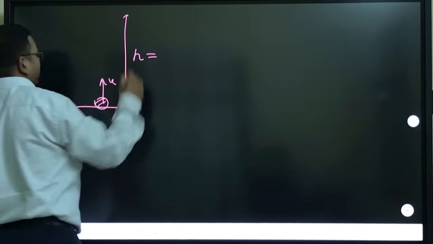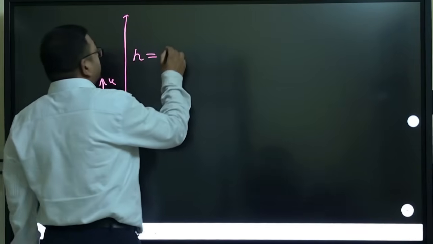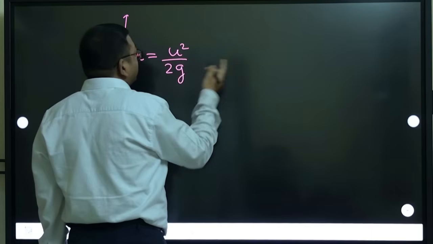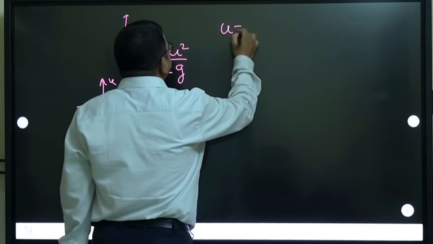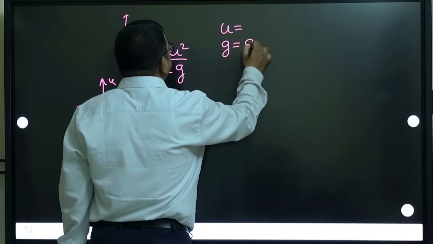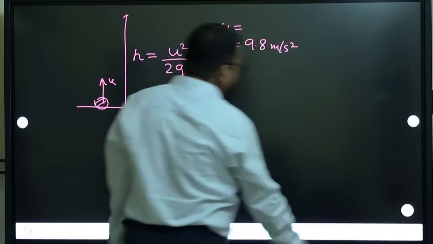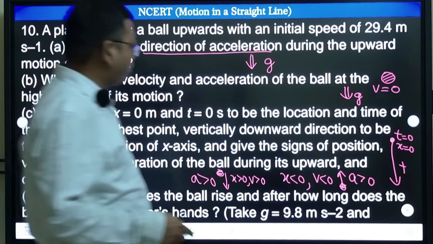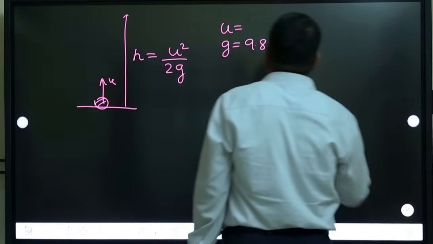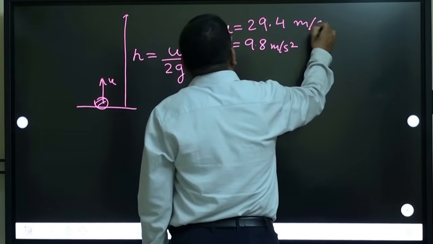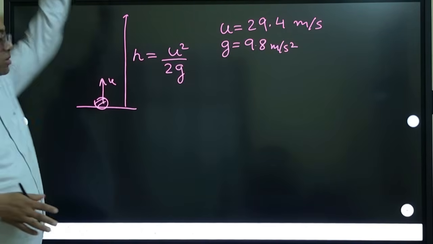Height we can apply like stopping distance, so u square by 2g. Calculation you can do because here u is given, and g you have to take as 9.8 if not given. How much is u given? u is given 29.4 meter per second. So you can substitute and calculate the maximum height.